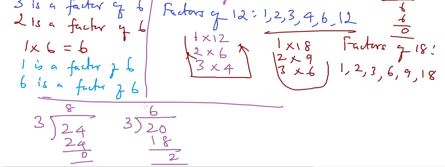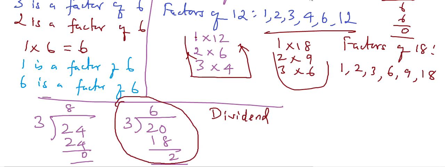Here, the number that's getting divided is called the dividend. In the second example, the dividend is 20. The number by which you divide the dividend is the divisor.